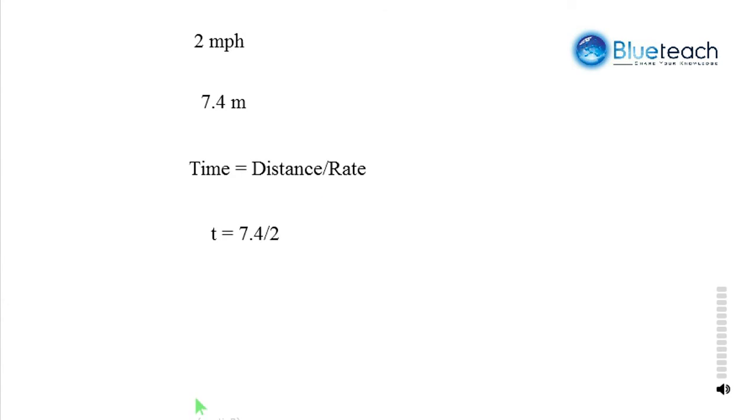Our distance is in miles, and our rate is in miles per hour. Now, what do we have here? We have miles in both the numerator and the denominator, so we have to cancel them.